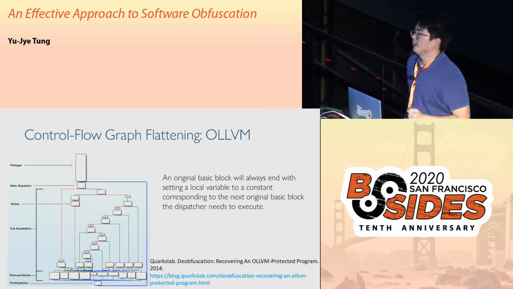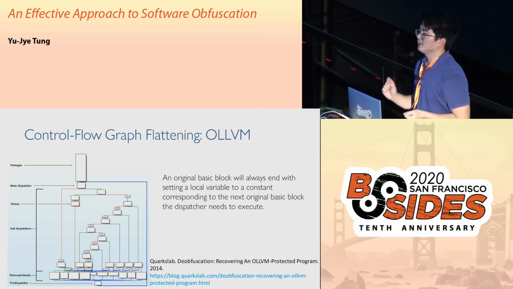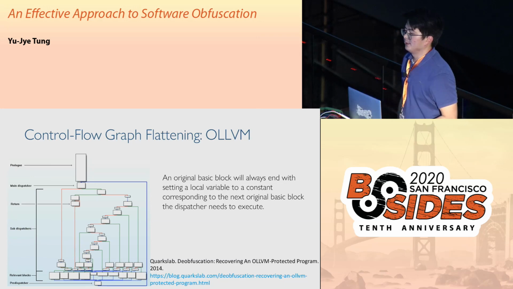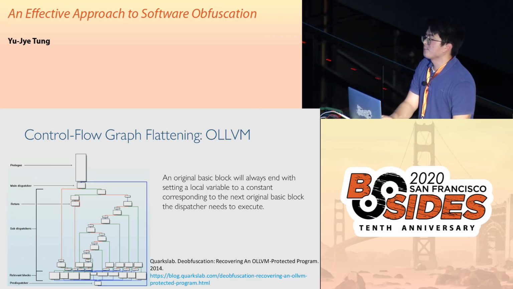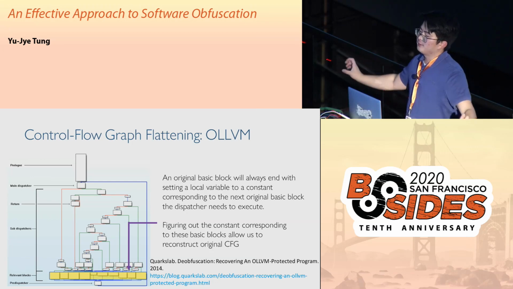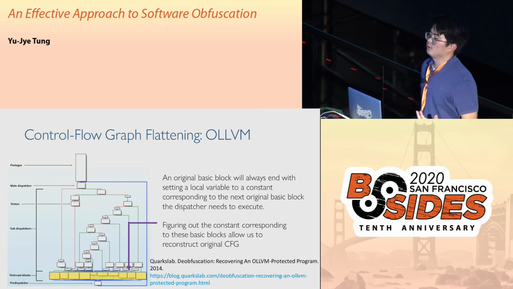In OLLVM, an original basic block will always end by setting the same local variable to a constant that tells the dispatcher which original basic block it should execute next. This means that once we figure out the constant that corresponds to each of the original basic blocks flattened at the bottom, we can quickly reconstruct the original CFG.